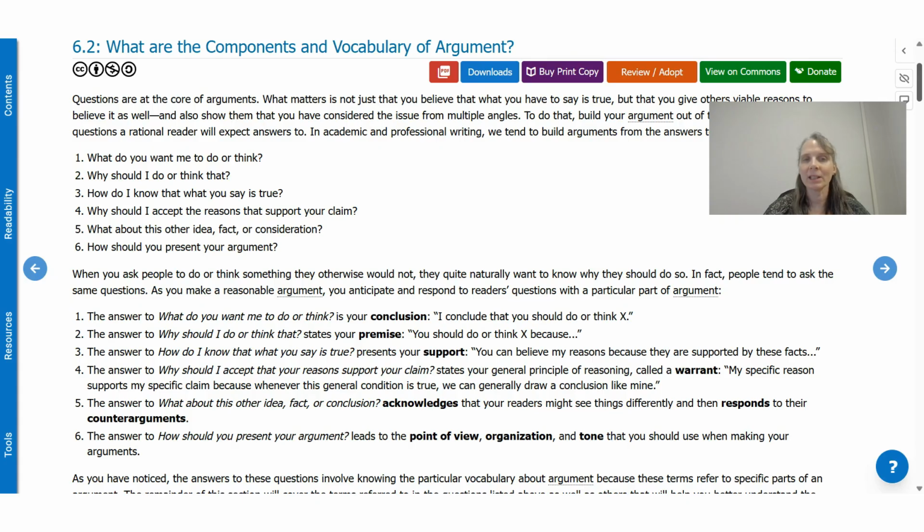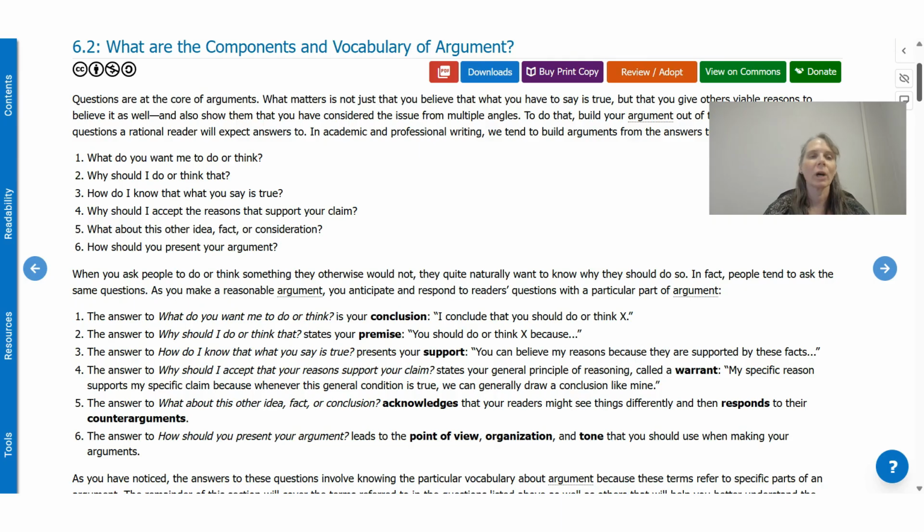What matters is not just that you believe that what you have to say is true, but that you give others viable reasons to believe it as well, and also show them that you have considered the issue from multiple angles. To do that, build your argument out of the answers to the questions a rational reader will expect answers to. In academic and professional writing, we tend to build arguments from the answers to these main questions.